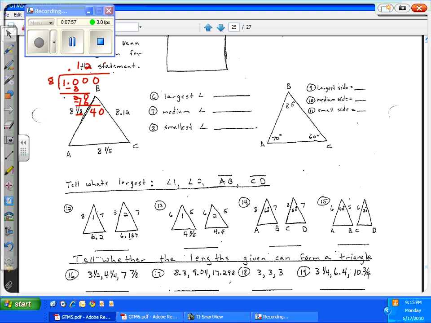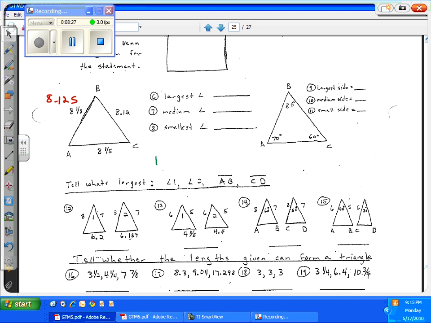Then 8 goes into 40 5 times, and 5 times 8 is 40. And so 1/8 is 0.125. And so 8 and 1/8 is the same as 8.125.